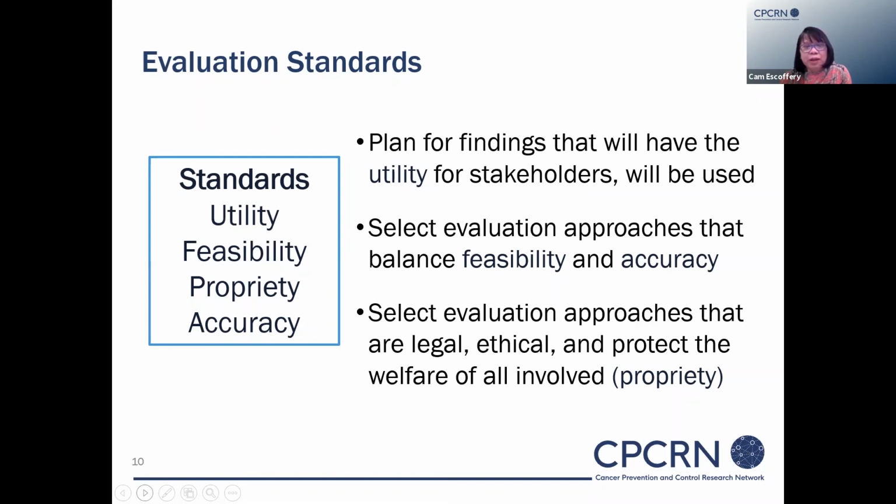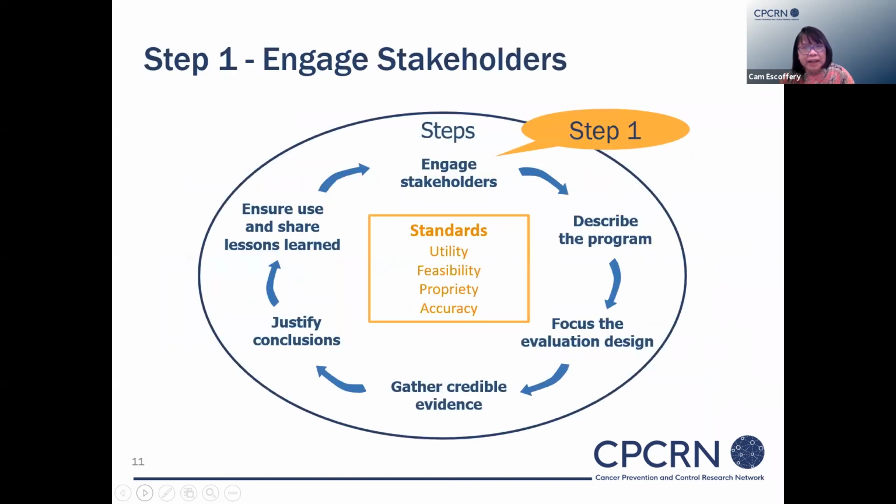You want to make sure that you select evaluation approaches, for example, qualitative or mixed methods, that balance feasibility, maybe based on your resources and staffing, but also ensure the best accuracy or validity of your data. And then, of course, you want data that are based on evaluation methods that are legal and ethical and protect the welfare of all of the people engaged in the evaluation, which is the component of propriety.